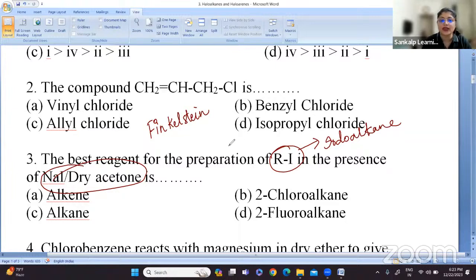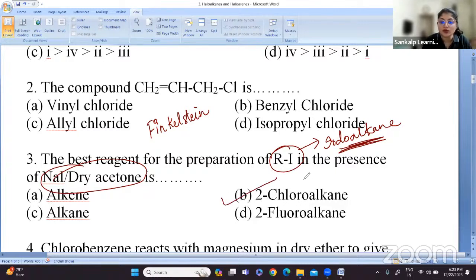Alkyl chlorides or bromides, when you react them with sodium iodide in the presence of dry acetone, you get alkyl iodides. So you can prepare your iodoalkane. So I want to prepare an iodoalkane. So here, which is the reagent? It is 2-chloroalkane.